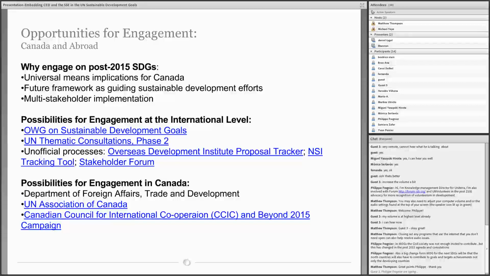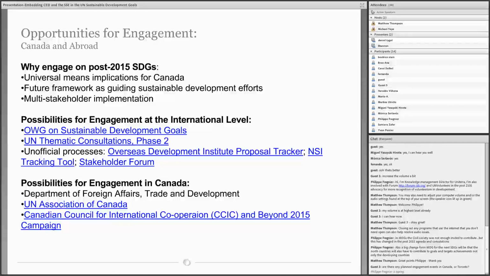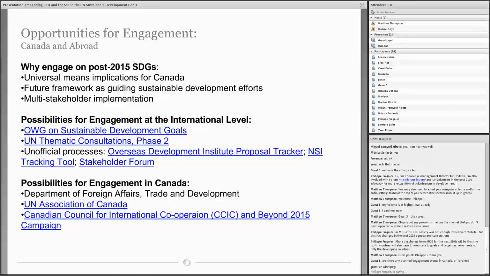And what's important to keep in mind is that there are opportunities to engage. Even the working group on Sustainable Development Goals is open, and civil society organizations that have UN accreditation are able to participate and feed into that process. You have the UN thematic consultations, which are happening. They're entering phase 2, so phase 1 is essentially done.